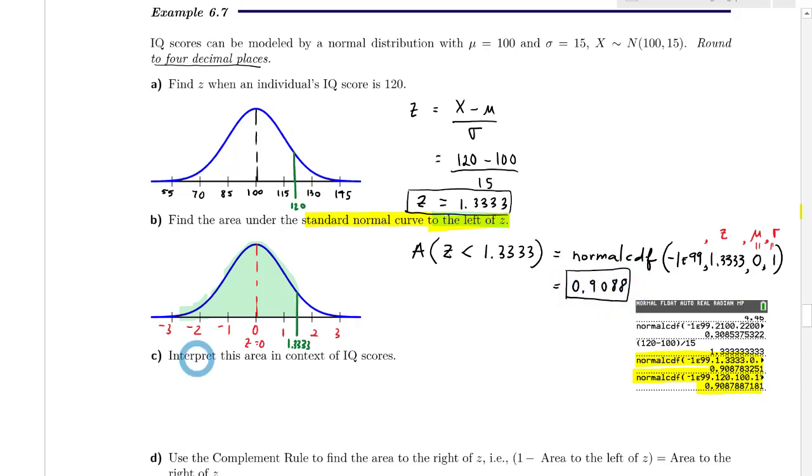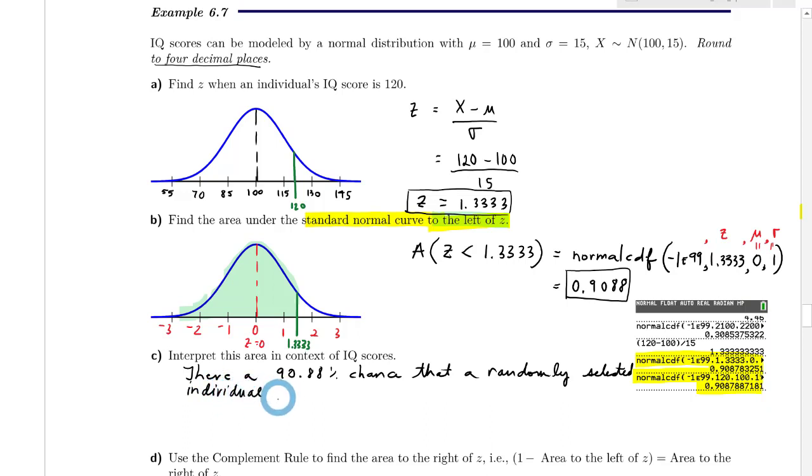So if I did this, I could say that there is a 90.88% chance that a randomly selected individual has an IQ score less than 120.